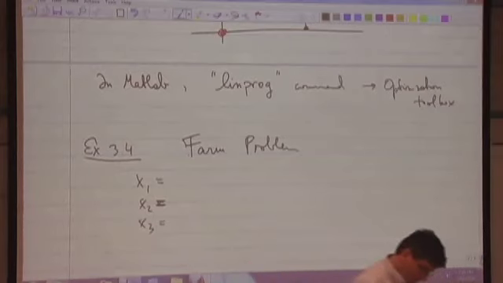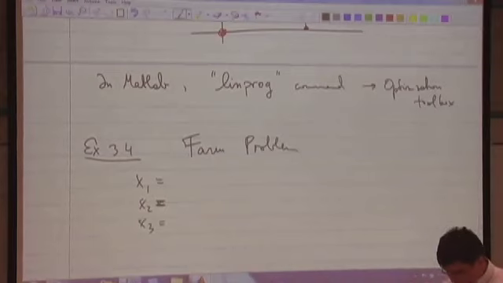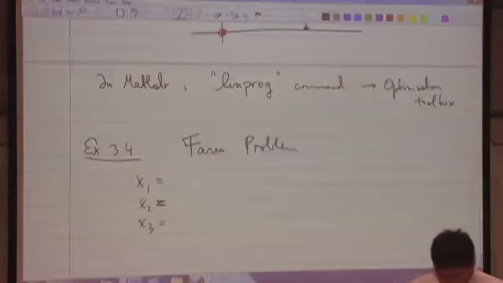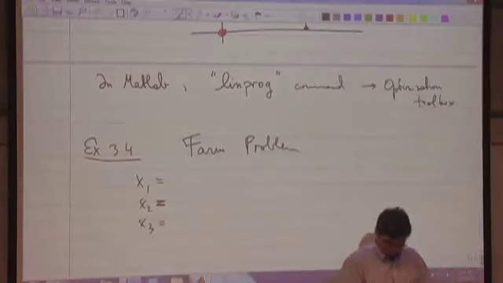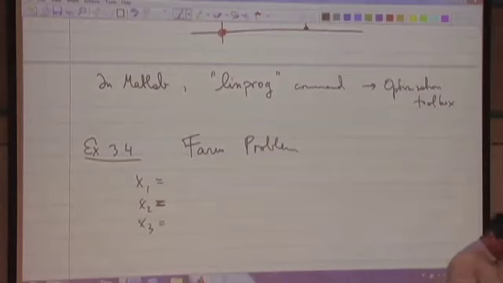So the problem is, you have a certain amount of land available for planting, and you want to do 3 crops: corn, wheat, and oats. So you want to plan how much of each to plant, say in a given year.